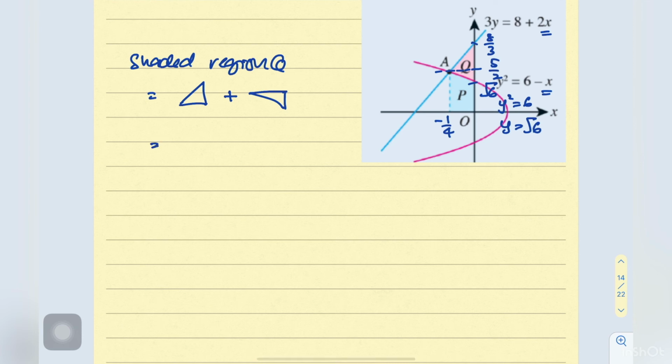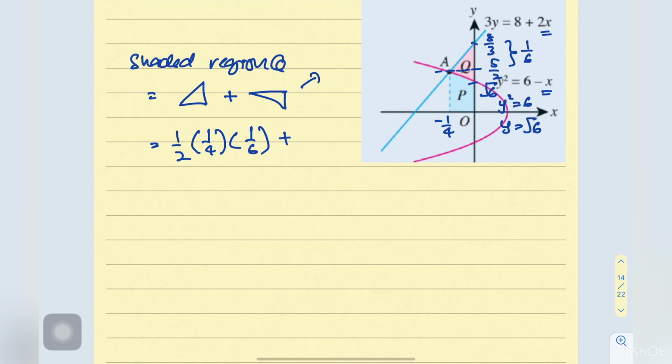The area of the triangle is 1 over 2 times base times height. The base is 1 over 4, and the height is 8 over 3 minus 5 over 2, which is 1 over 6.